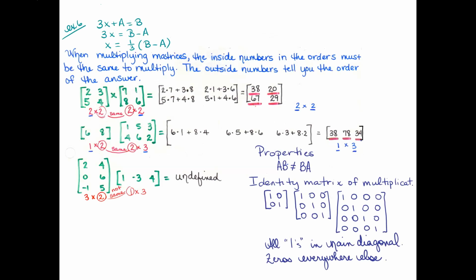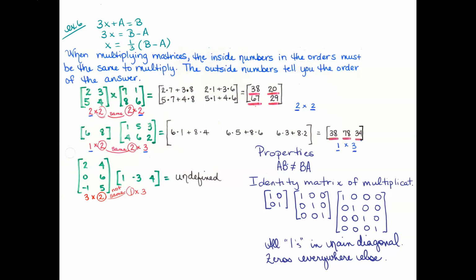All right, couple last things about our matrices. When we talk about properties of matrices, most matrices have the same properties as normal multiplication. But there's one thing that's different, and that is that A times B is not equal to B times A when we're talking about matrices.